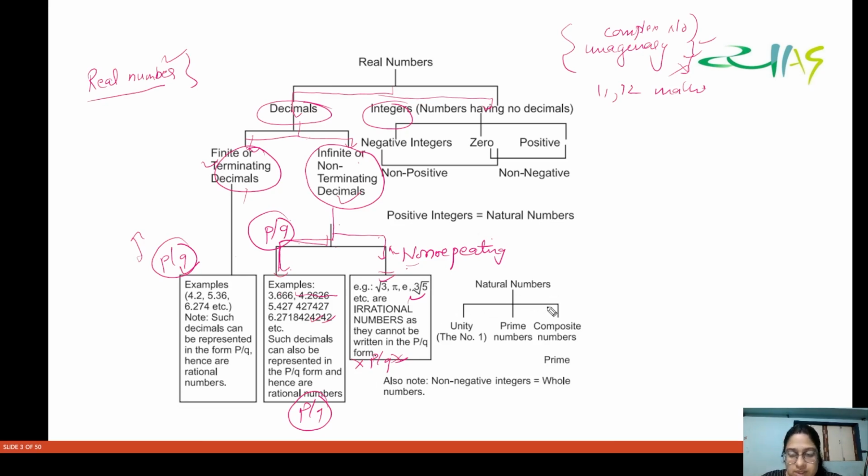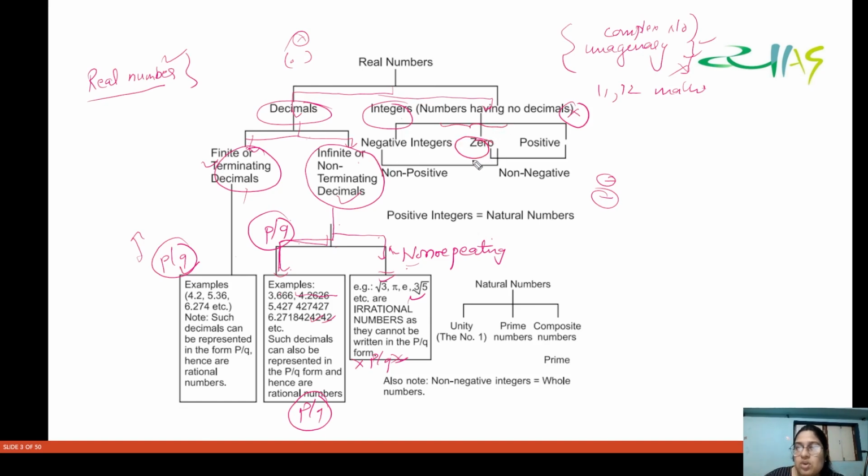Now let's move forward. Now see, integers are those numbers which have no decimal. In the last class, I told you that the definitions of the numbers are dependent on each other. For example, decimals are those numbers which are in the decimal format or which are not integers, and integers are those numbers which are not decimals. So numbers having no decimals are known as integers.